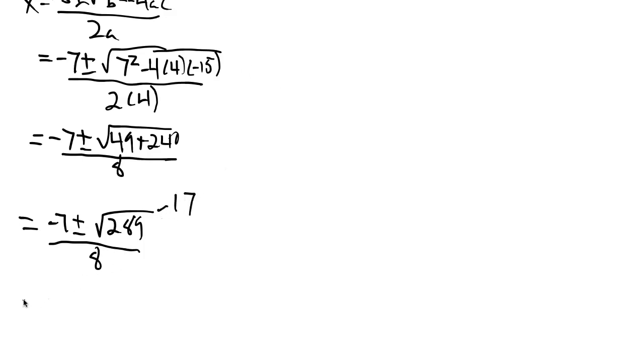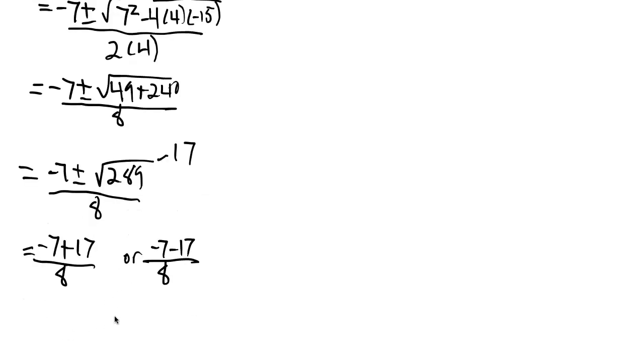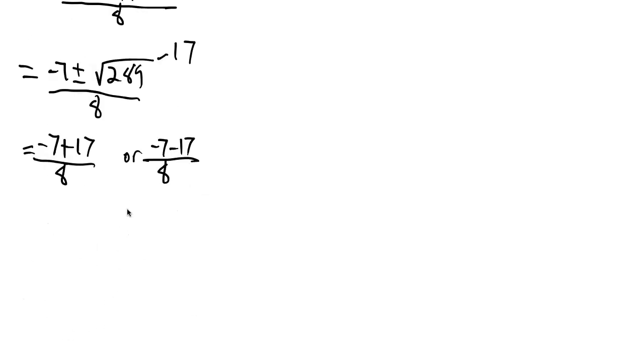So this is equal to negative 7 plus 17 over 8, or this is equal to negative 7 minus 17 over 8. So this becomes negative 7 plus 17 is 10 over 8, or when we reduce that, that becomes 5 over 4.